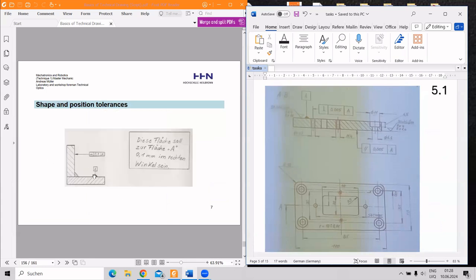Example of the rectangle of 90 degrees angle. So the surface is in 90 degrees angle with surface A, so it must be with 90 degrees angle with surface A in 0.1 millimeters.